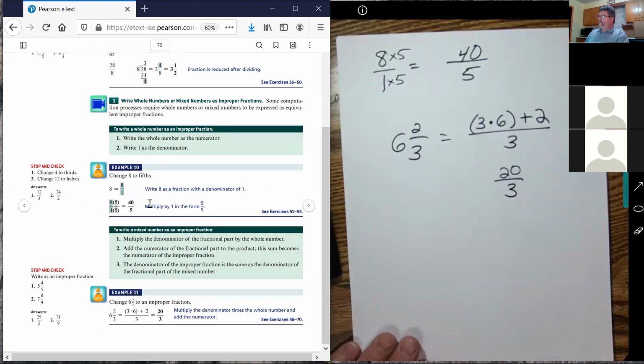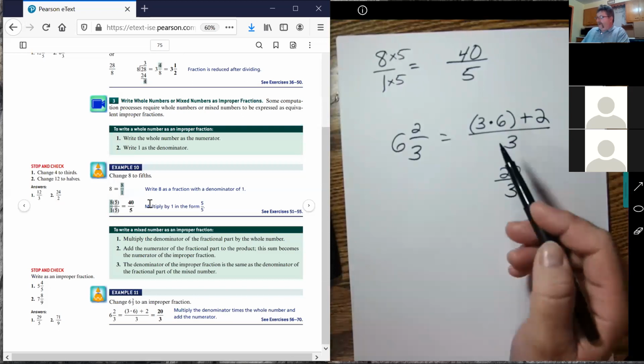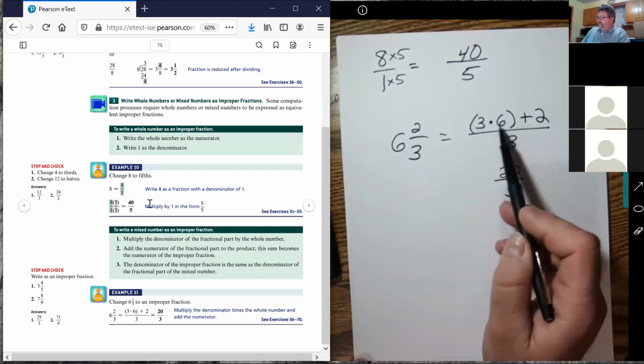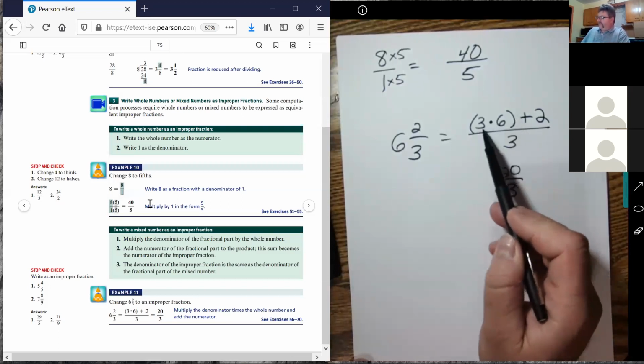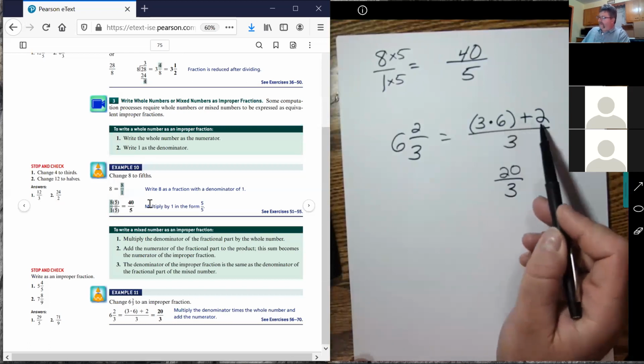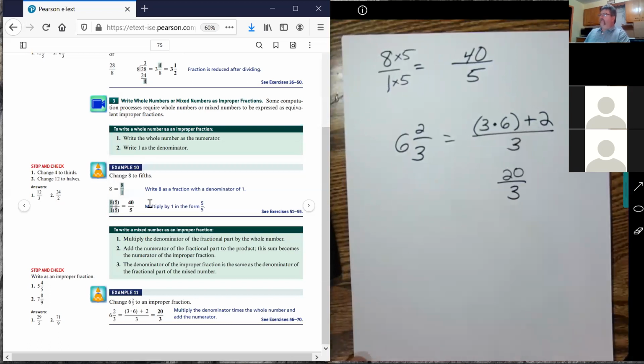Take denominator times the whole number. I didn't really have to have these parentheses because order of operations would tell me I have to do that first, and then I add the 2, and then I divide by 3. Okay, let's do a few more.